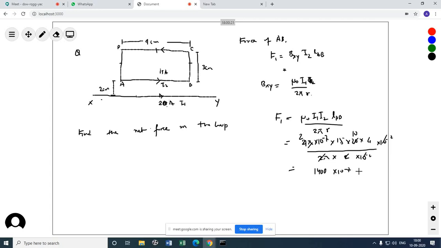What do you think the unit will be? Newton per meter or Newton? It's Newton per meter. No, I have taken the length here. So this is Newton. What about F2?